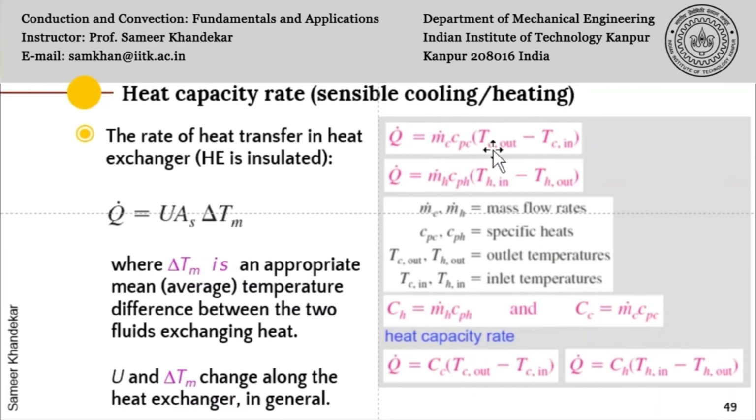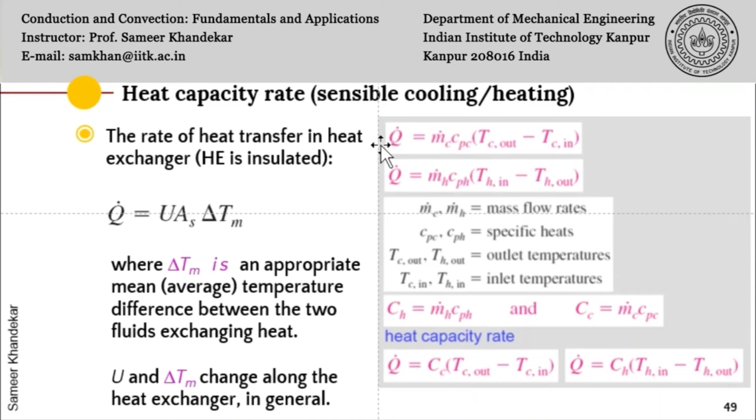The cold fluid will become hotter, so T_c,out will be larger than T_c,in as it passes through the heat exchanger. So this is the heat absorbed by the cold fluid.